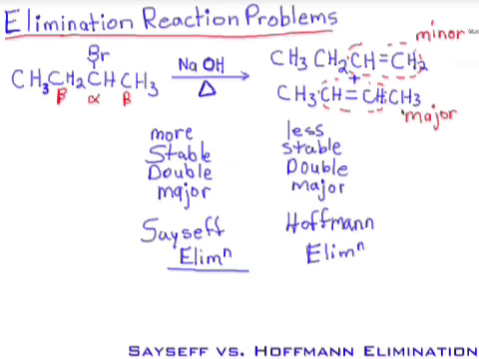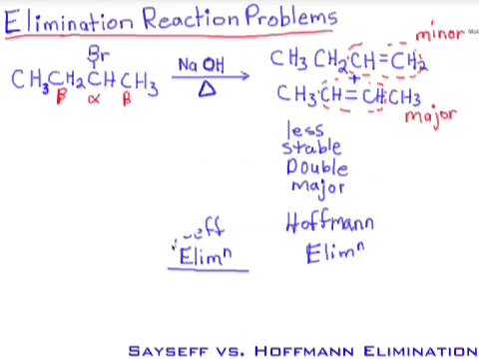Now, there will be occasions where you will have to indicate whether or not elimination can actually occur because of the restriction of antiperiplanar elimination. In this case, we assumed anti-elimination could occur because of conformational change available to the molecule.